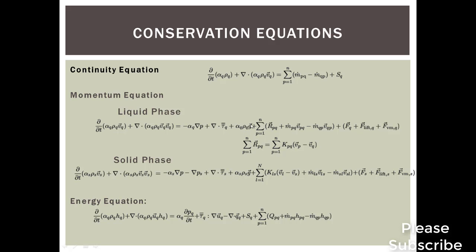This alpha q rho q g is due to the body force, the self weight, and Rpq is the momentum transfer. As I stated earlier, m dot pq and m dot qp are both zero, and Fq is the extra force that acts on the body, F lift is the lift force, and Fvmq is the virtual mass force that acts on the body or the fluid.